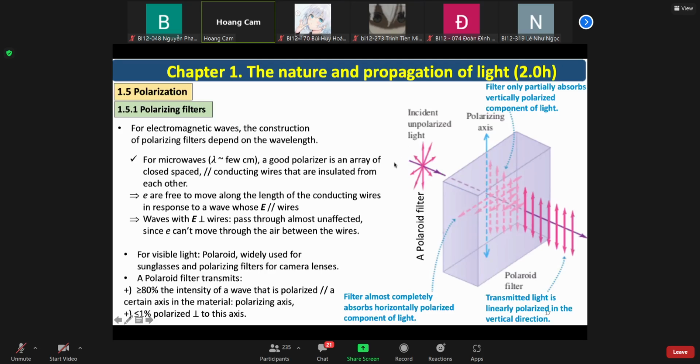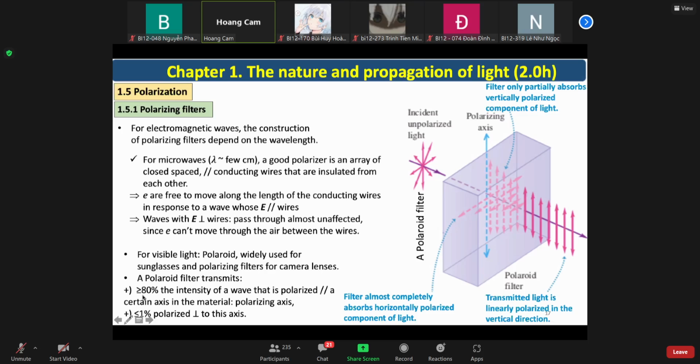So if you have an unpolarized light like this one, here is the orientation of the electric field oscillation in different or random directions. So it is so-called unpolarized. Passing through this filter, you see here, only the one which is parallel to the polarizing axis can pass, and the one which is perpendicular should be absorbed.